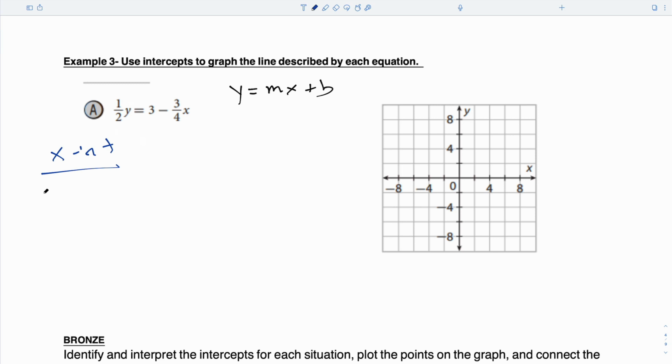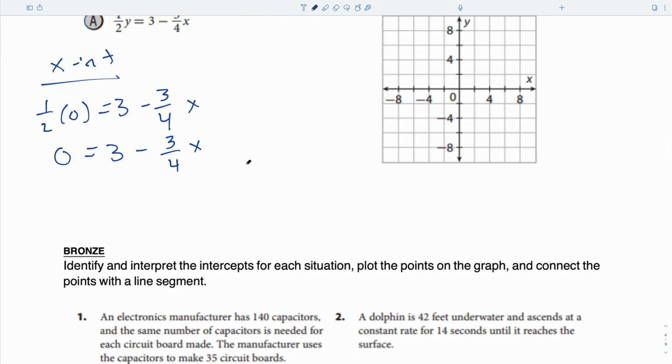To get the X-intercept, your Y is going to be 0. So you have Y as 0, and you're going to start plugging away and finding X. 1/2 times 0 is 0. You have a 2-step equation where you're trying to get X by itself. Let's move the 3 over by subtracting it.